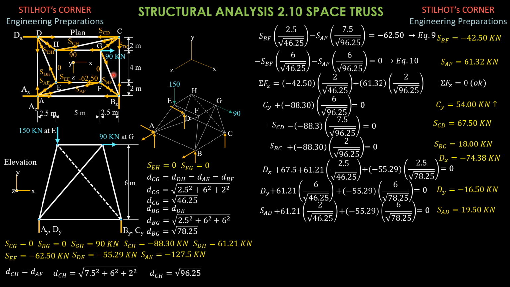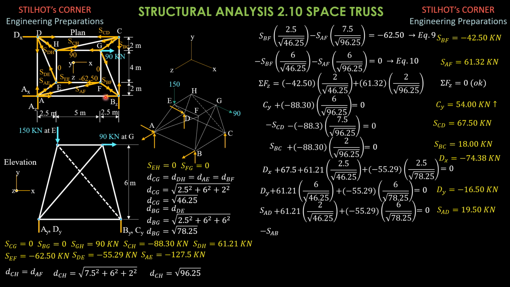So I'm not highlighting BG because it is 0. BG is 0. So summation forces X, SBF was already found, and it was negative 42.5. So summation forces X equals 0.